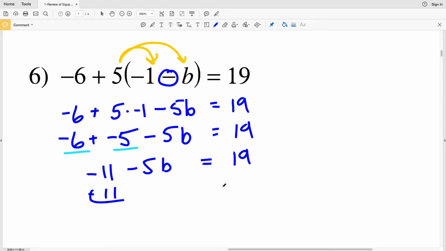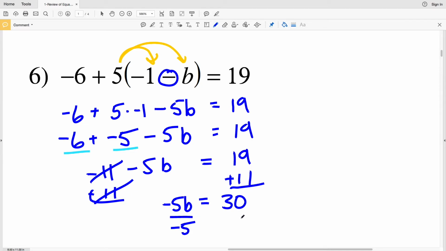So when I add 11 to both sides, my 11s will cancel out. I'll be left with negative 5b, and that's equal to 11 plus 19, or 19 plus 11, which is 30. Now in order to isolate the b, I divide by negative 5. So for my final answer, b is equal to 30 divided by negative 5, which is negative 6.